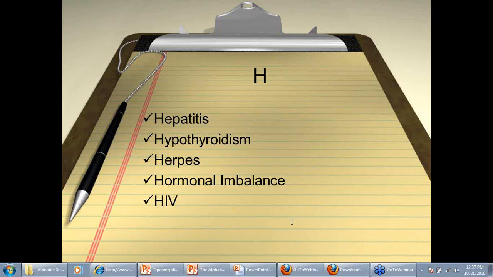This virus is a herpes virus. And everybody was looking at EBV as the possible cause for CFS back in 1984, 1985. And interestingly enough, several other herpes viruses have come up as possible causes for chronic fatigue syndrome.